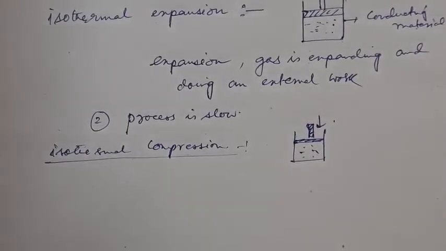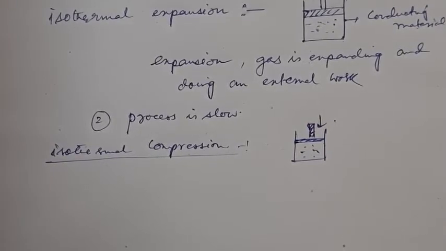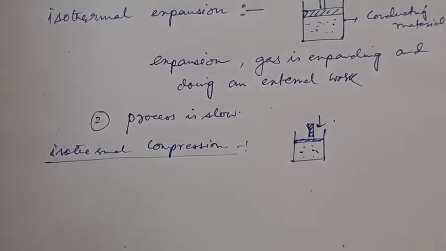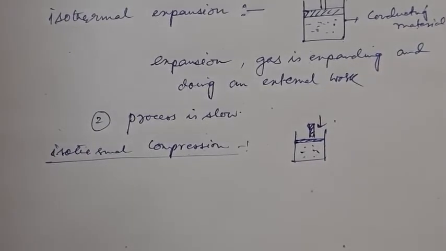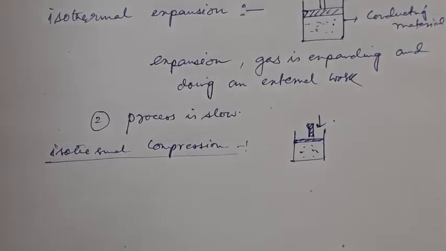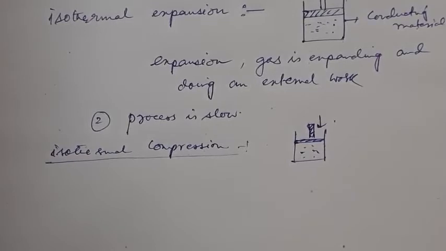Now, as the compression of the gas is very slow, the heat evolved will be transmitted to the surroundings through that conducting cylinder. In the first case, we had seen that heat is absorbed because temperature is falling. As the temperature was falling, we had to supply heat from outside to inside so that the temperature can remain constant.